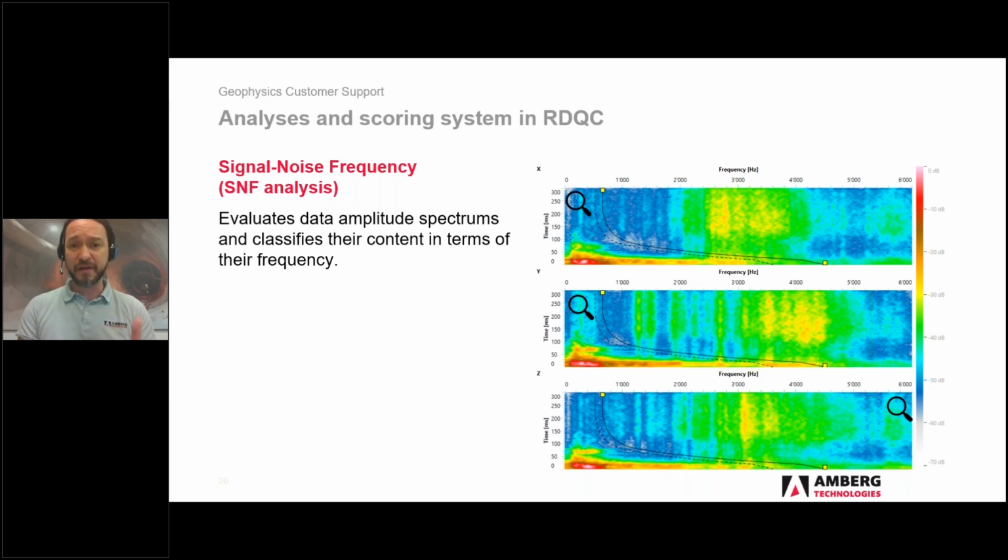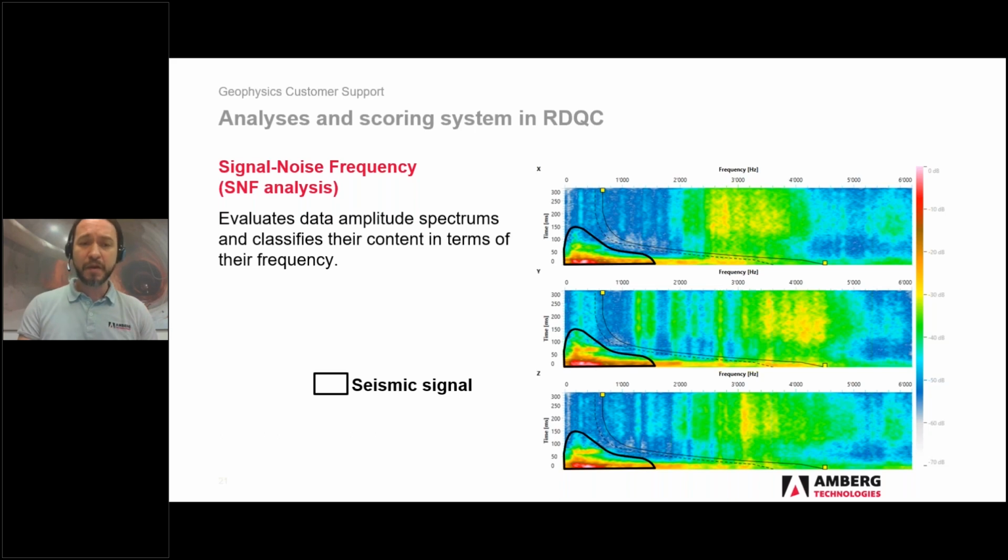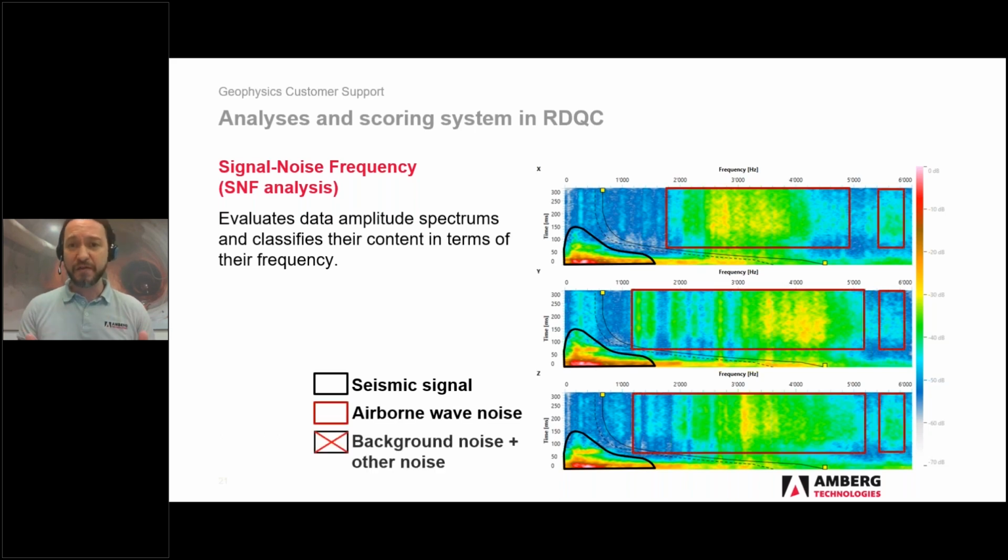We will have this 12 times, and we will investigate this in detail with the final idea of identifying, first, areas where we have the seismic signal that is consistent in all receivers and all spectra. Then areas where we have the airborne wave noise. You remember that from the time Fahrenheit code we use, so we will identify this airborne wave noise. What is outside of these 2 major groups consists of the background noise plus other noise, if existing, in the data. So this is basically the signal to noise frequency analysis.